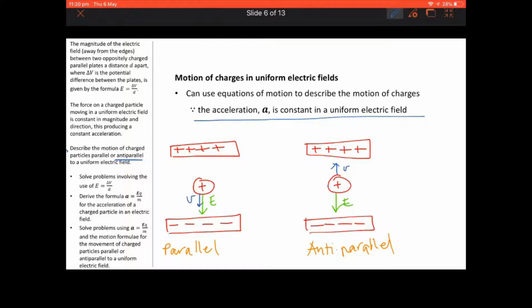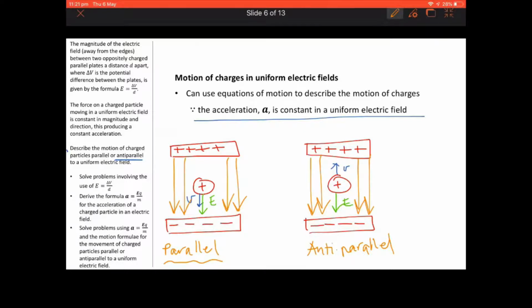So parallel motion is when the electric field is going to be, I'm going to use orange, from positive to negative. There are our field lines. So in this parallel motion, the direction of the motion of the particle is in the same direction as the electric field.